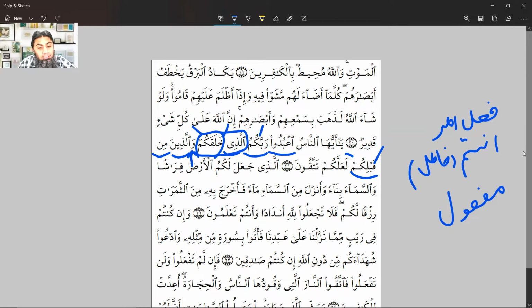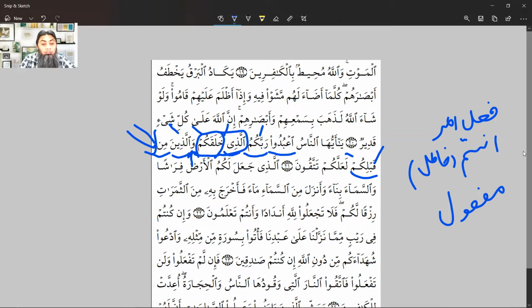Today you are learning that sometimes as a sila you get a jar majroor phrase as well. Most of the time, as a sila you get a jumla, but sometimes you get a jar majroor phrase. So alladhina is ism mawsul, and min qablikum, jar majroor, is the sila. Alladhina, those, min qablikum, before you.